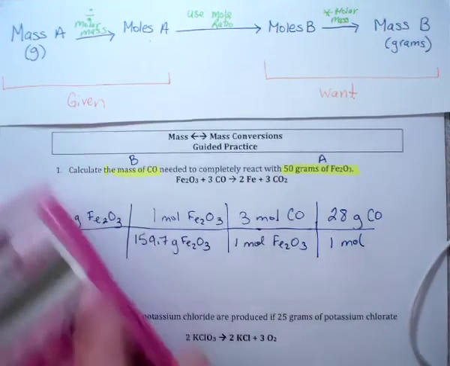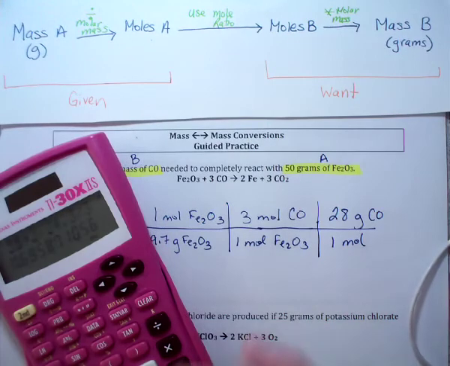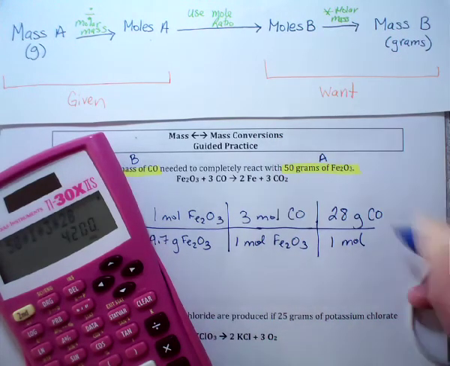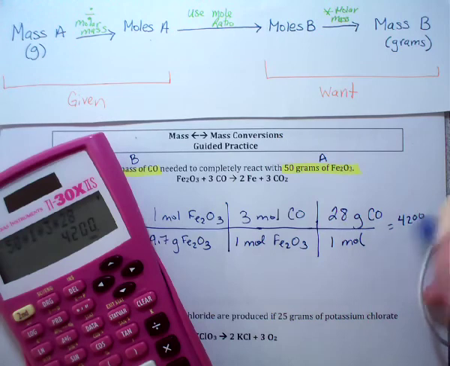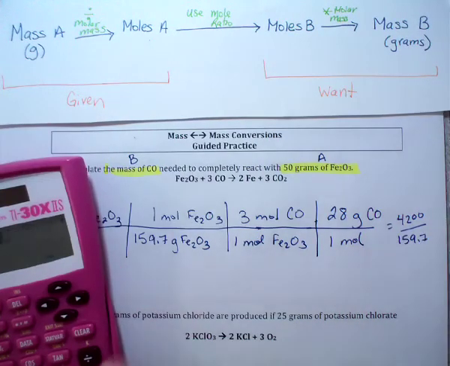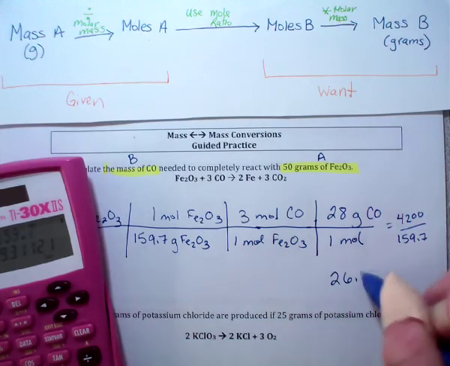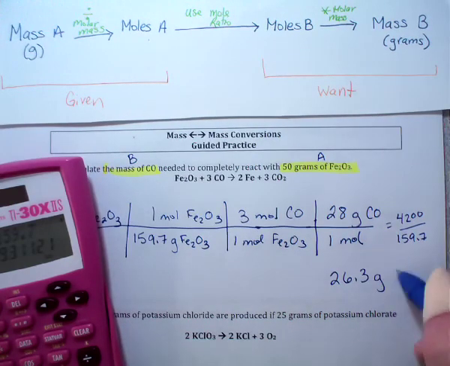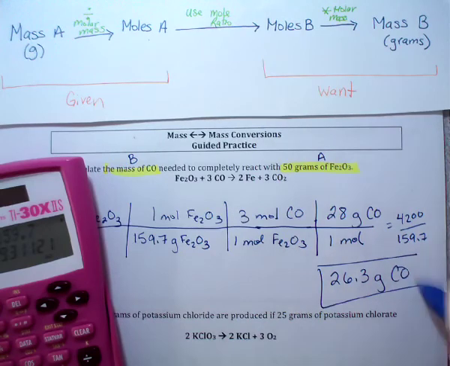So 50 times 1 times 3 times 28, 4,200, divided by 159.7. And I get a final answer of 26.3 grams of carbon monoxide.